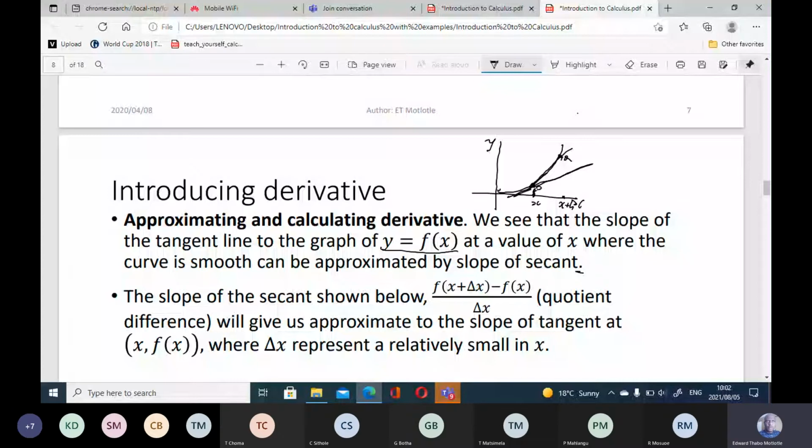minus f(x) all over h. And if you check here, this point on the y will actually be your f(x), and that point on top will be your f at x plus h.